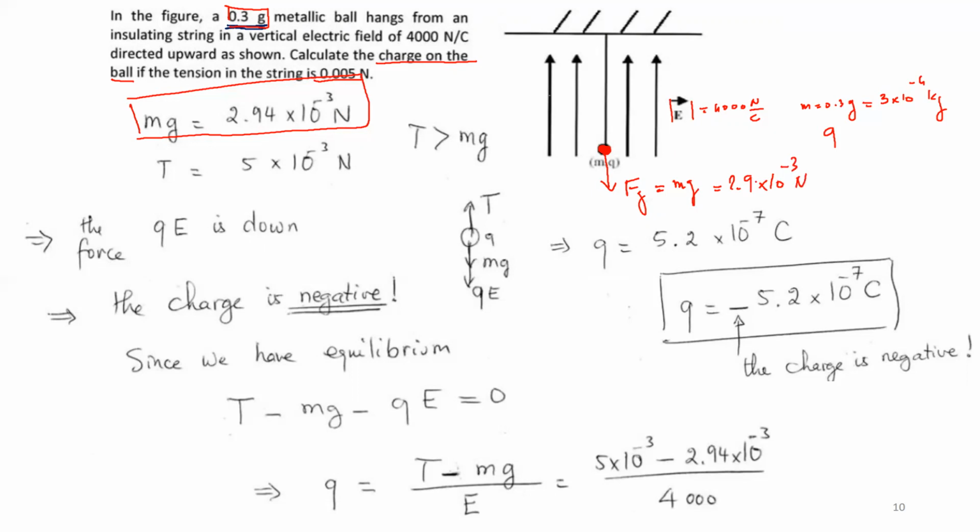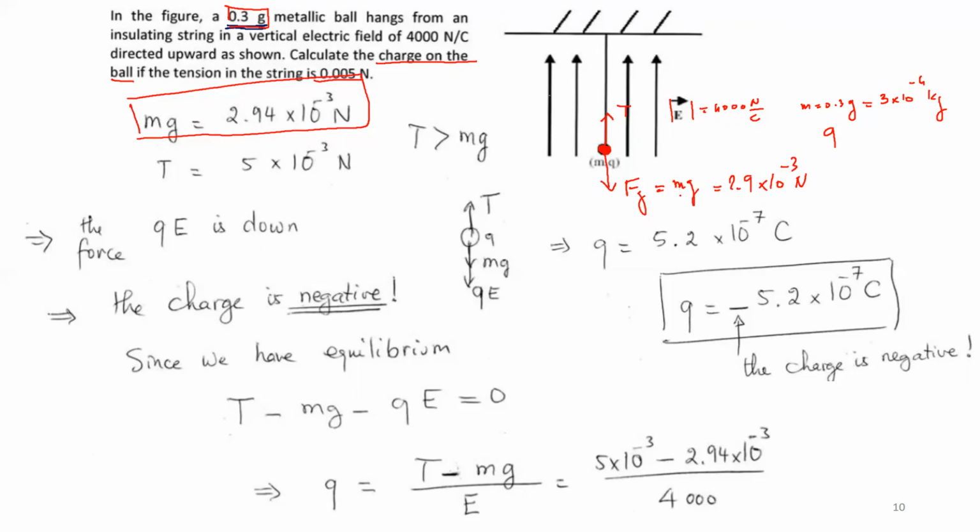Good. Second, now I told you that there is a tension. So the tension here is up, right? Because I have a vertical string, it's insulating. So the tension is up. If there was no electric field, what will happen?